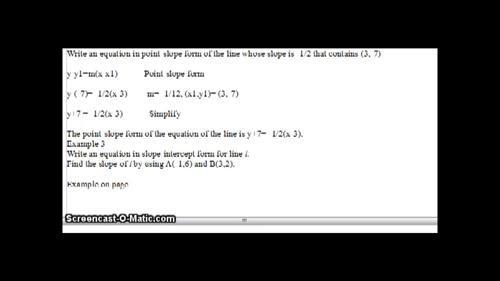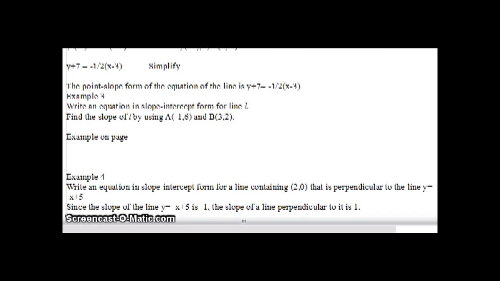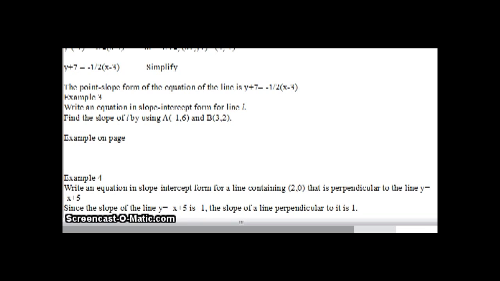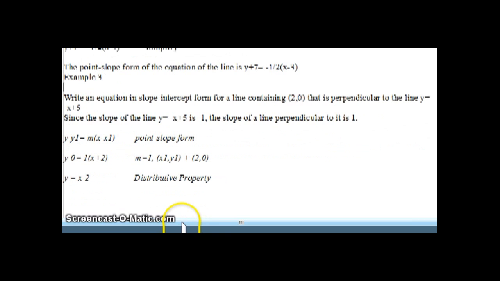Example 3. Write an equation in slope-intercept form for a line containing (2, 0) that is perpendicular to the line y equals -x plus 5. Since the slope of the line y equals -x plus 5 is -1, the slope of the line perpendicular to it is 1.